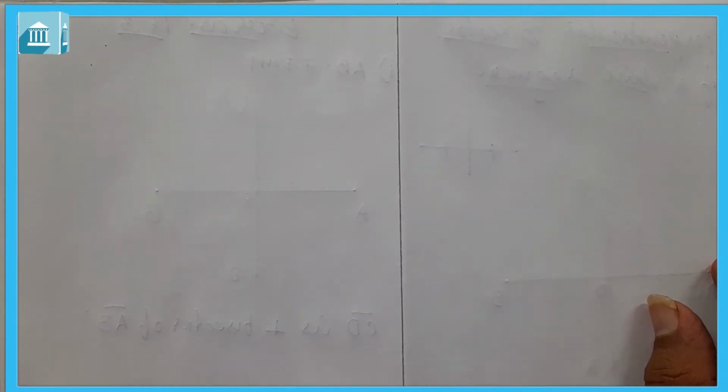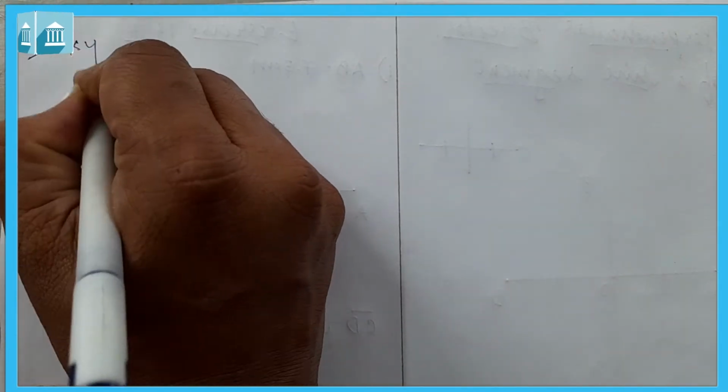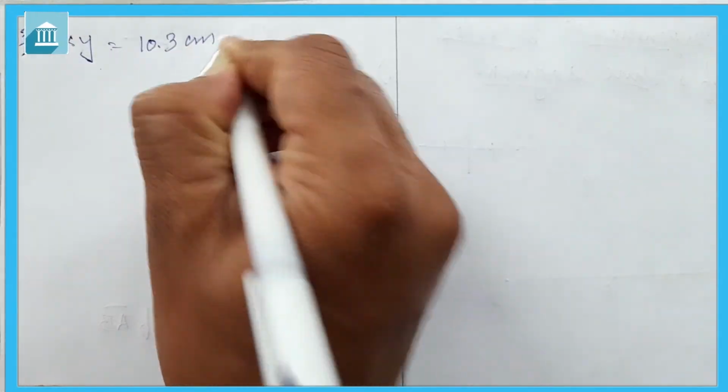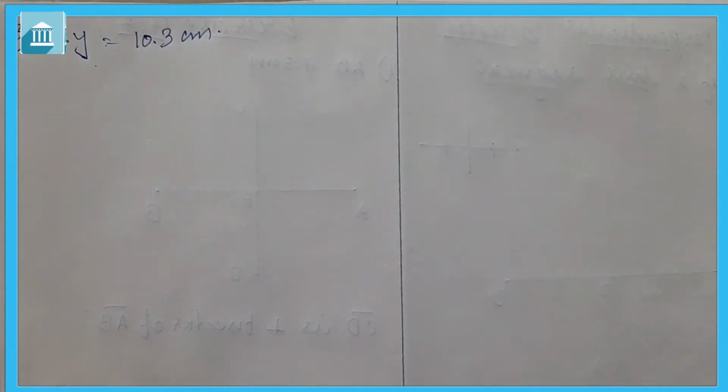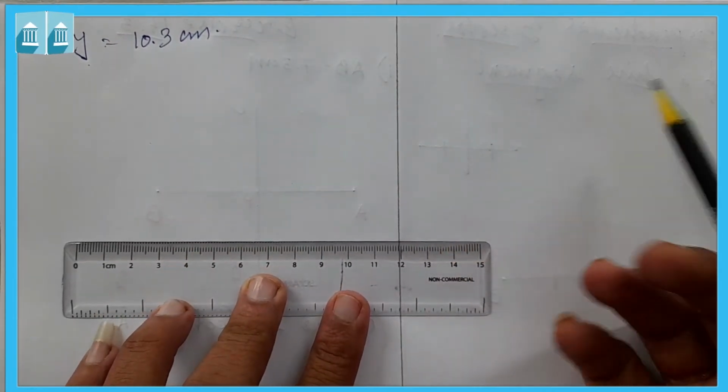Question number 3 is: draw the perpendicular bisector of XY whose length is 10.3 centimeter. First we have to draw XY of length 10.3 centimeter.